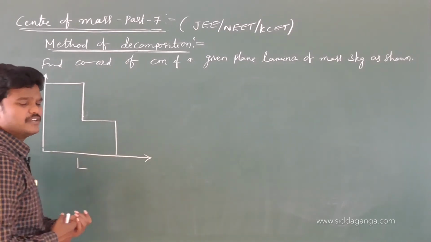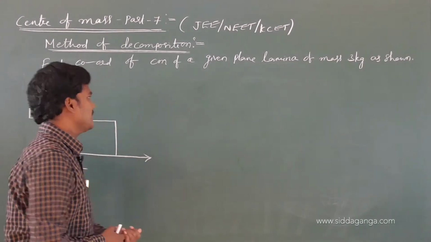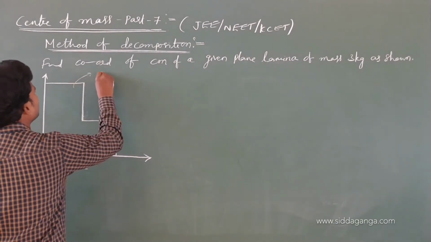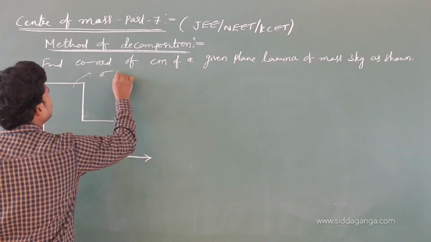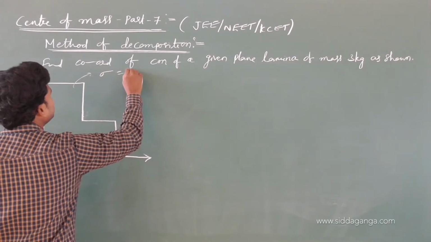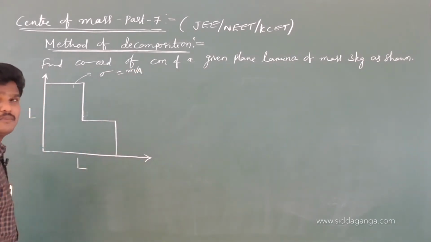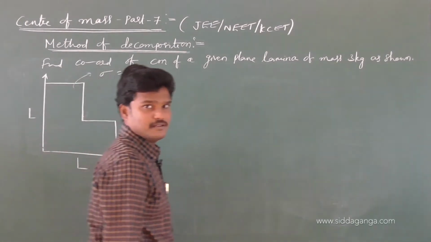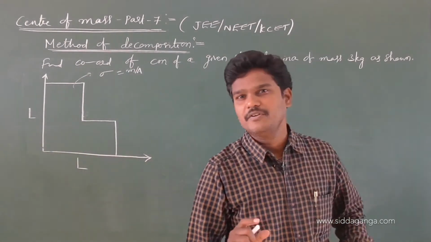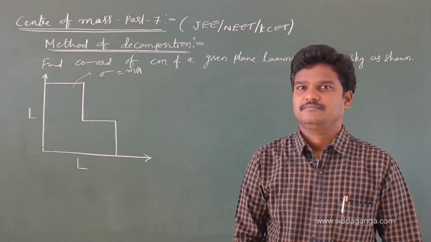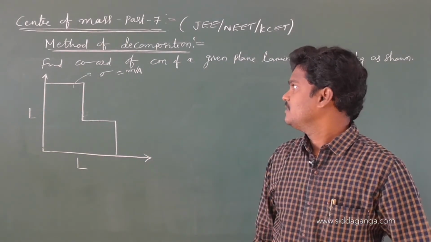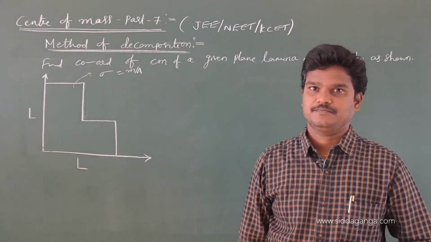A plane lamina is nothing but a rigid body, and sigma is given. What is this sigma? Sigma is given as uniform density, so mass per unit area. Sigma is the mass per unit area. So they have given a plane lamina having uniform density, that is mass per unit area.